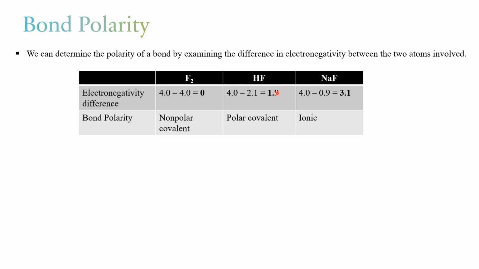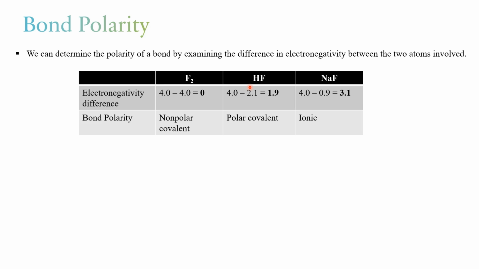Next one, hydrogen fluoride. Fluorine 4.0, hydrogen 2.1. Then 4 minus 2.1 is 1.9. This we call polar covalent. Polar covalent means electrons are not shared equally. So two electrons are shared between hydrogen and fluorine, but the electrons are closer to fluorine, the most electronegative element, than hydrogen.